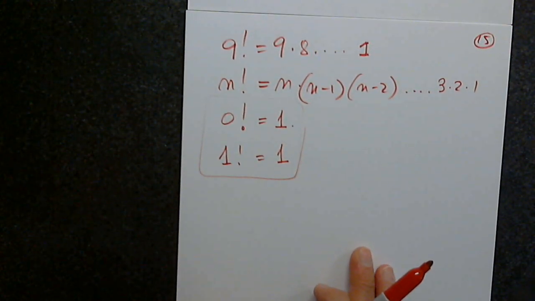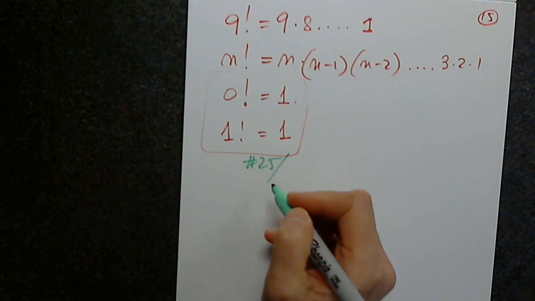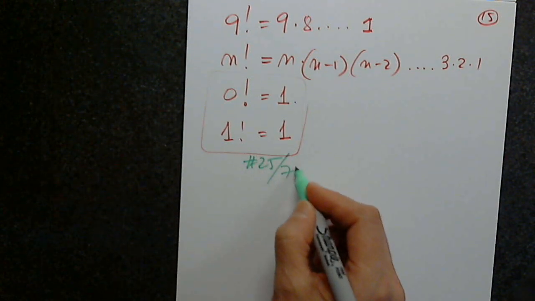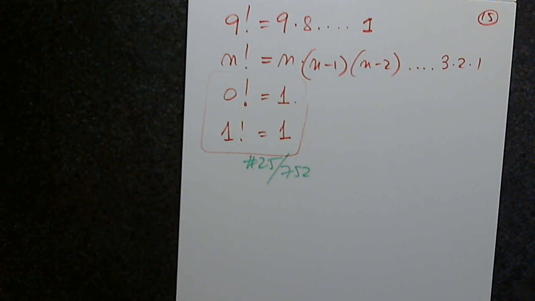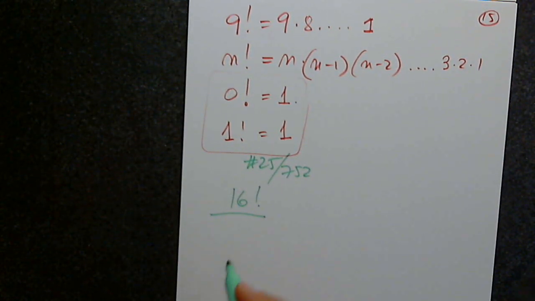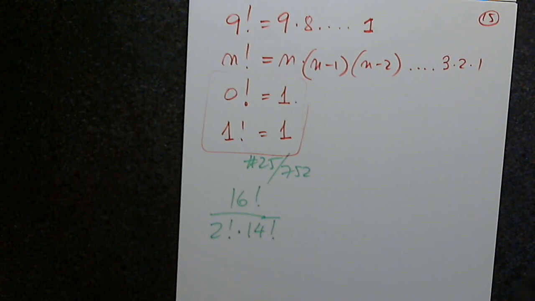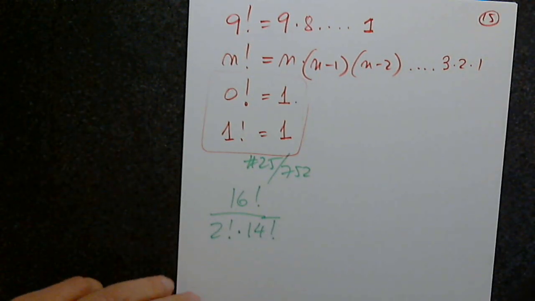Okay, so now let's take a look at simplifying number 25 on page 752. And we have 16 factorial, everything divided by 2 factorial multiplied by 14 factorial. We'll do this with the graphing calculator as well, but let's do this by hand first.